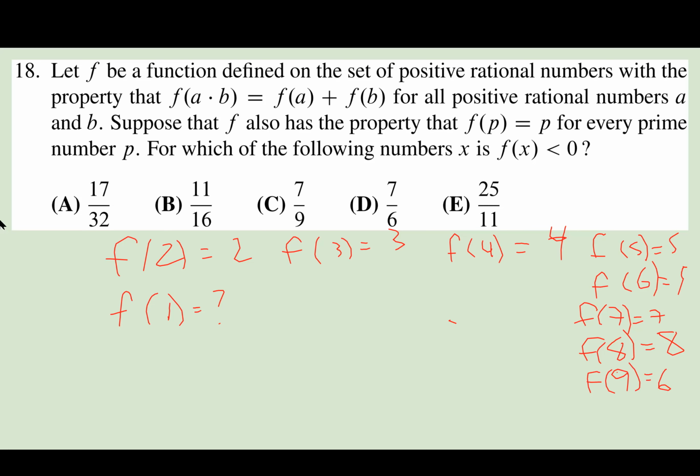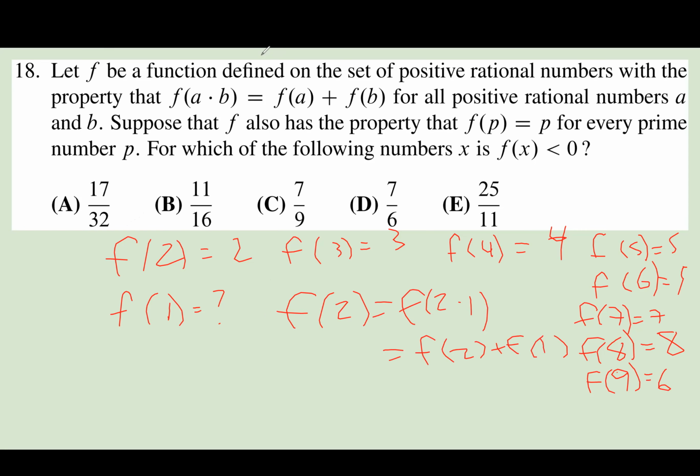So we can kind of start figuring those out, but look, we're looking at fractions, right? Can we figure out what f of 1 is? Well, if you think about it, f of 2 equals f of 2 times 1 equals f of 2 plus f of 1, right?